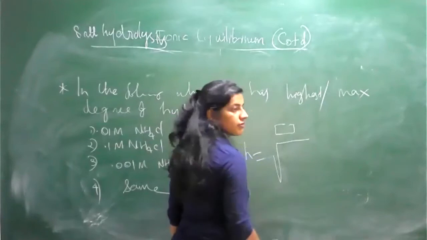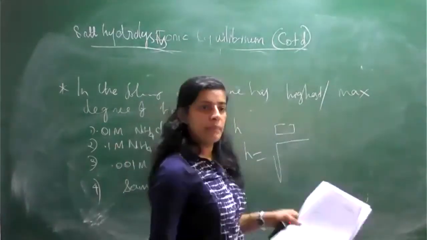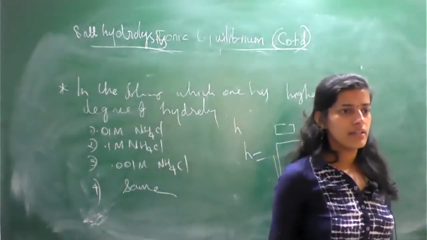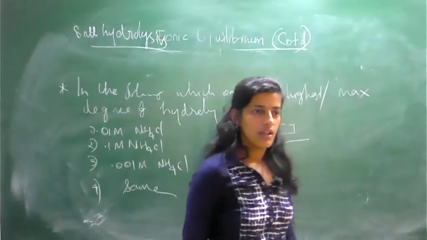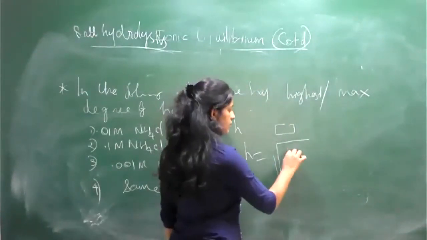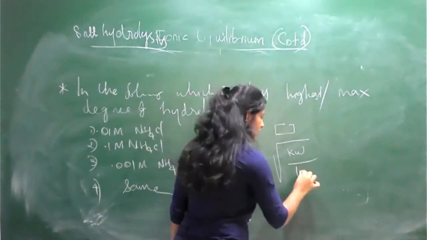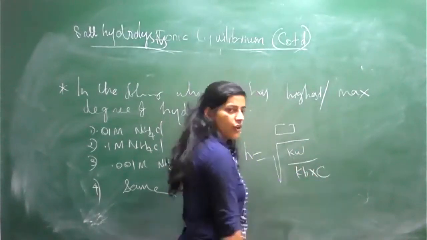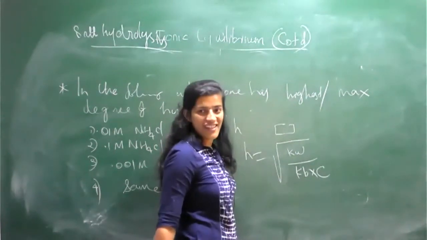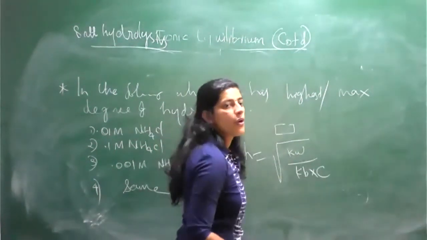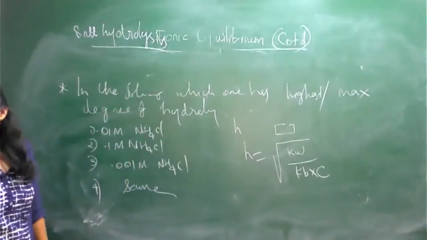Root of Kw or Kh divided by C, no? Kw divided by Ka into C, correct. Yes, this is one of the correct ones.